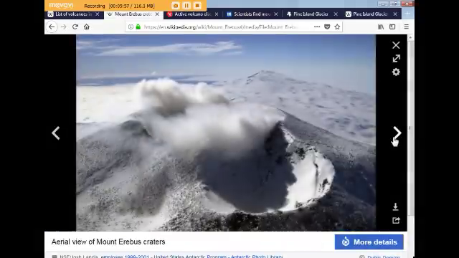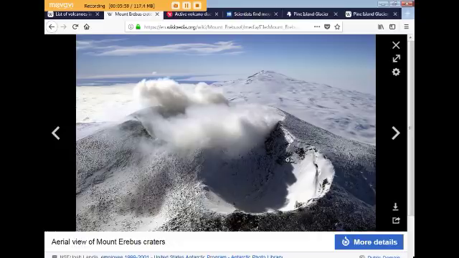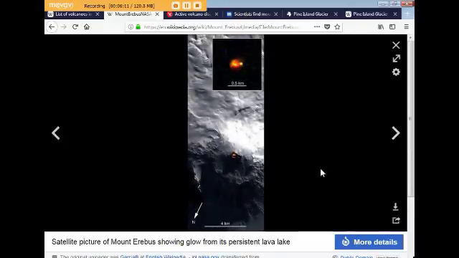Let's go to the next picture. Here's a picture of the top of the volcano. Mount Erebus craters. This is a picture of the lava lake that's down in the center of Mount Erebus. It can be seen from satellite glowing. It's a satellite picture of Mount Erebus showing glow from its persistent lava lake.